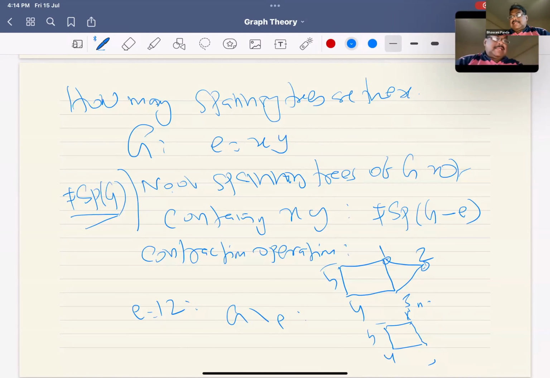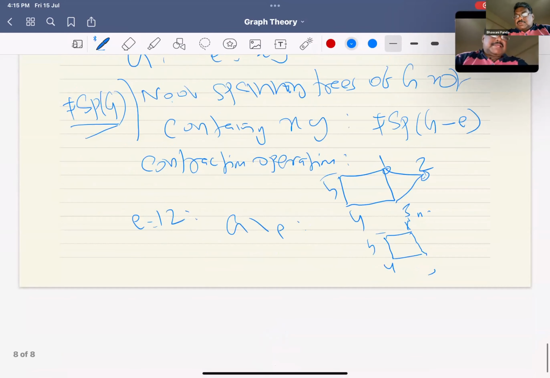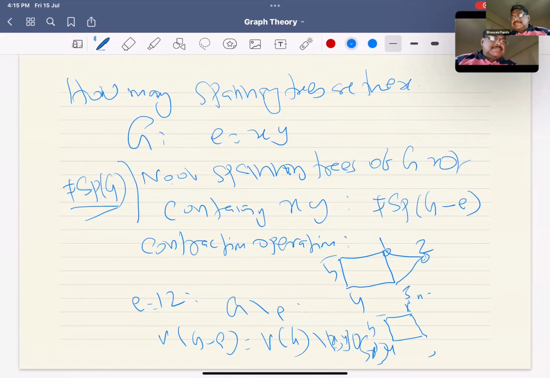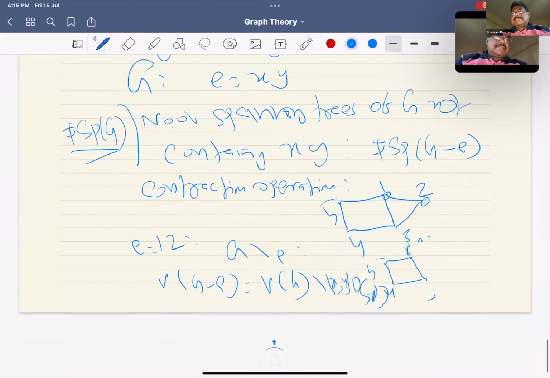Okay, so formally I'll define what G contraction E is. The vertex set of G contraction E is equal to V of G minus XY, union some X dash. So this XY is removed and then you put an X dash.